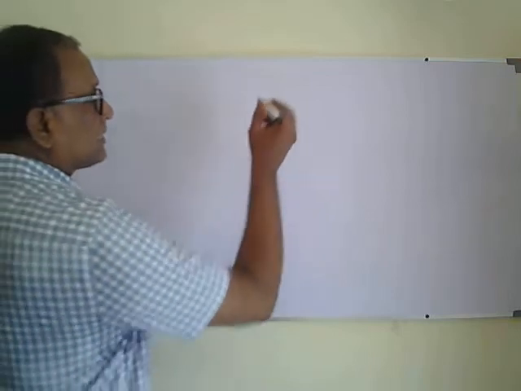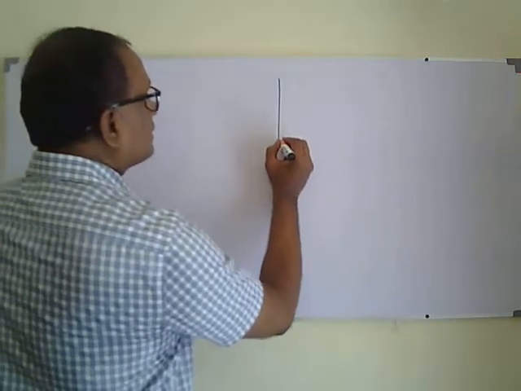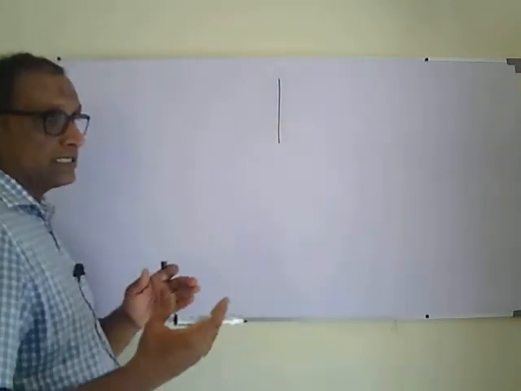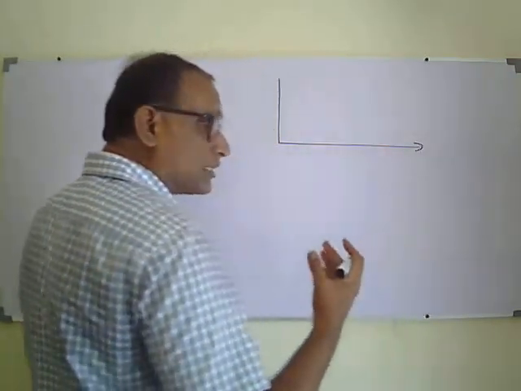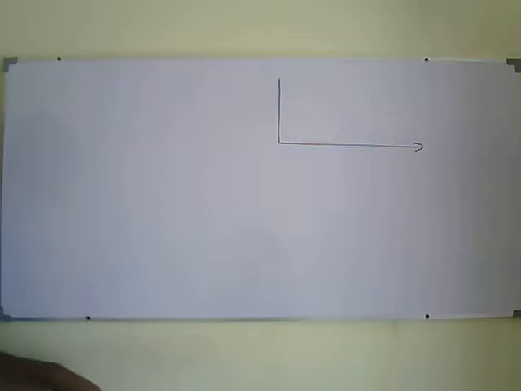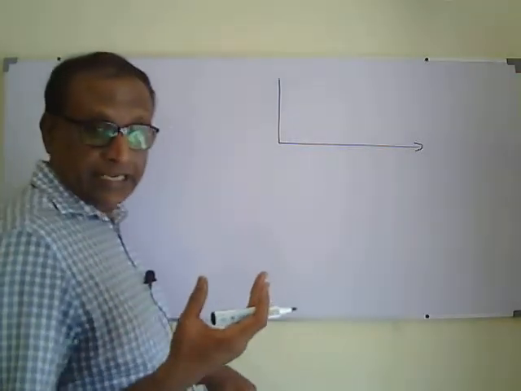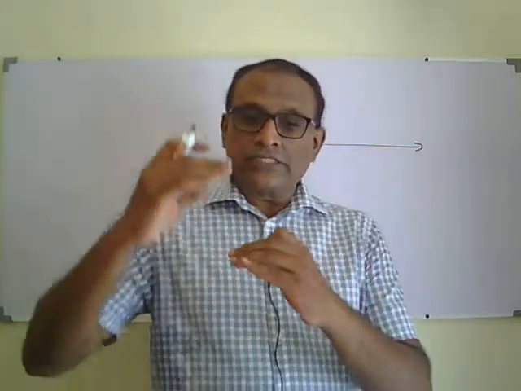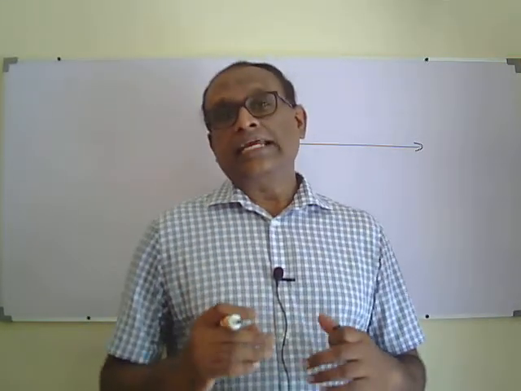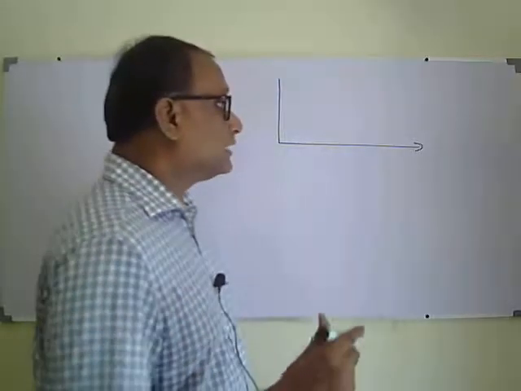So the current flow is affected by the time constant. When the time constant of a charging circuit is larger, it is going to take more time to charge the capacitor. If the time constant is smaller, it will take less time to charge the capacitor.